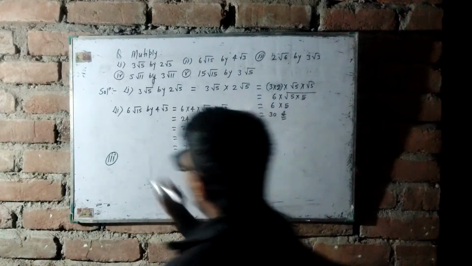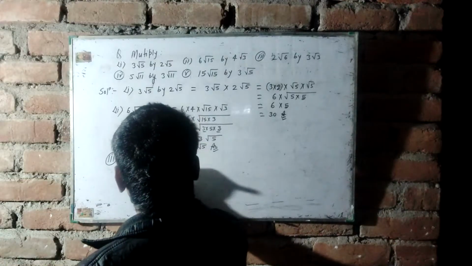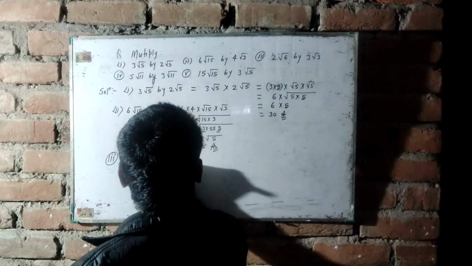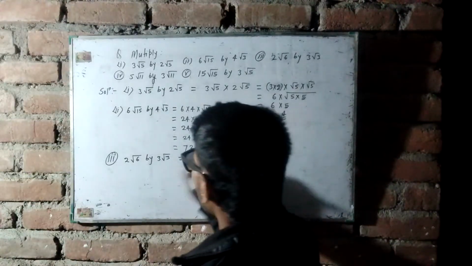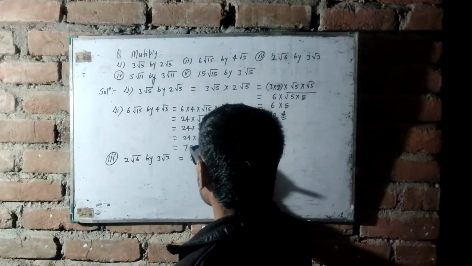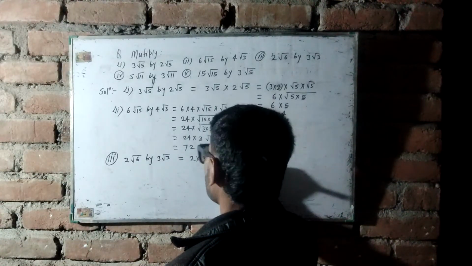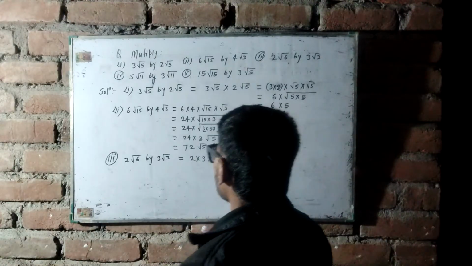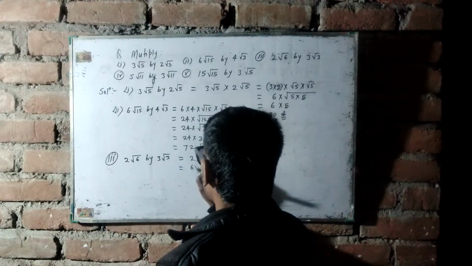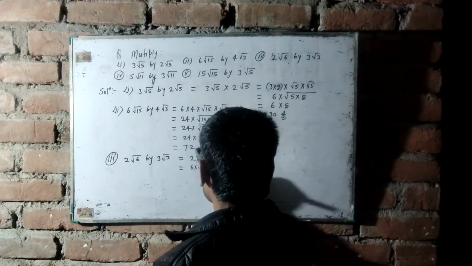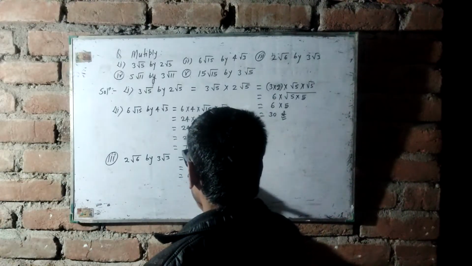Question number third. 2 under root 6 by 3 under root 3 is equal to, you can write whole part into whole part, 2 into 3 and under root 6 into under root 3, which is 6 into under root 6 into 3, 6 into under root 18.